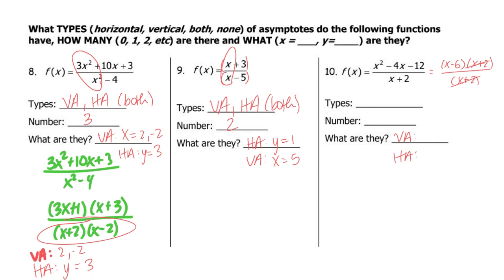Since the denominator was canceled out, I don't have one because there's nothing left in the denominator after we simplify. The horizontal asymptote, you're looking at the degree. So we have x squared over x. The numerator is bigger. If the top is bigger, we have none. So we have 0, and we don't have either of them. None or neither, I don't care what your phrasing is, but we don't have one.